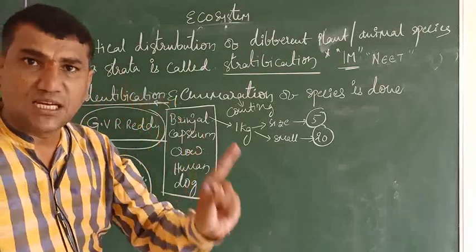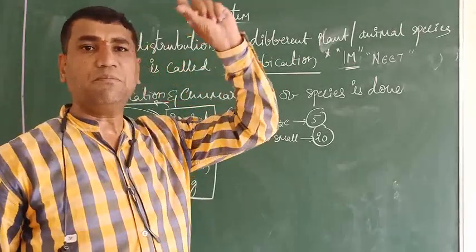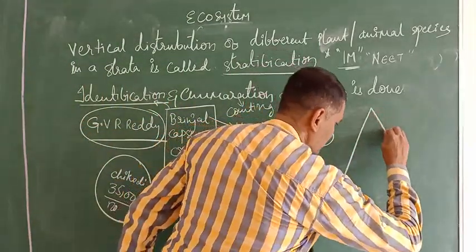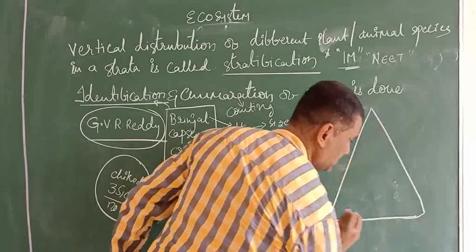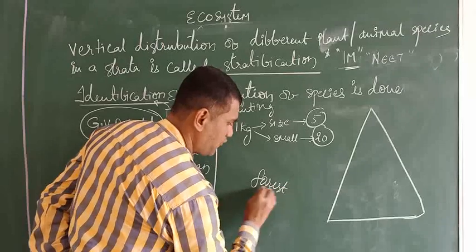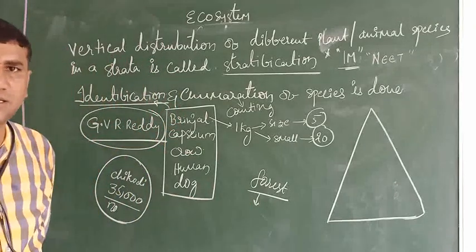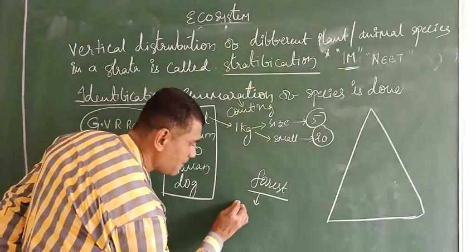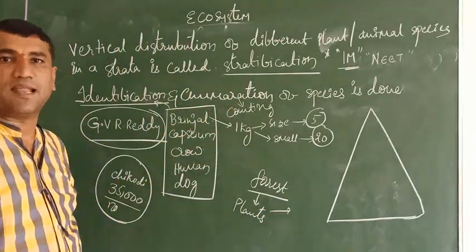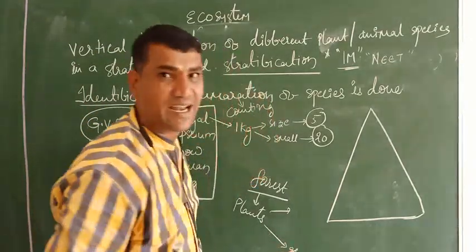So here species means these are the species. Identification of a species, counting of a species, and arranging them in a vertical manner. When you take a forest as an example, in the forest you can see plants of several types, like grass. Can you count the grass?